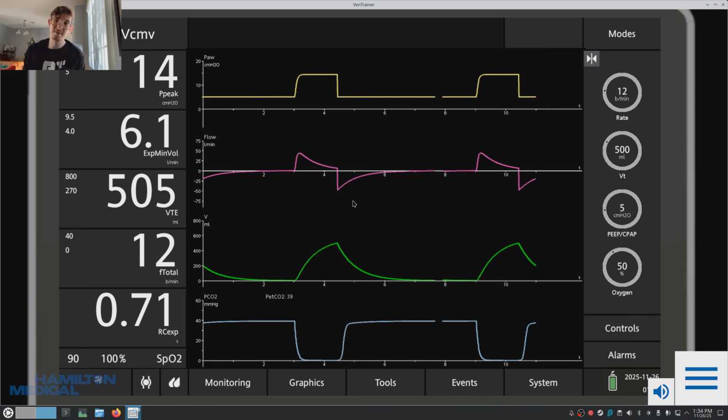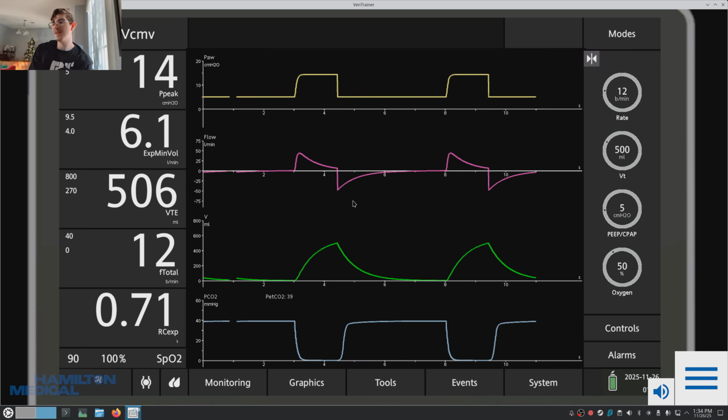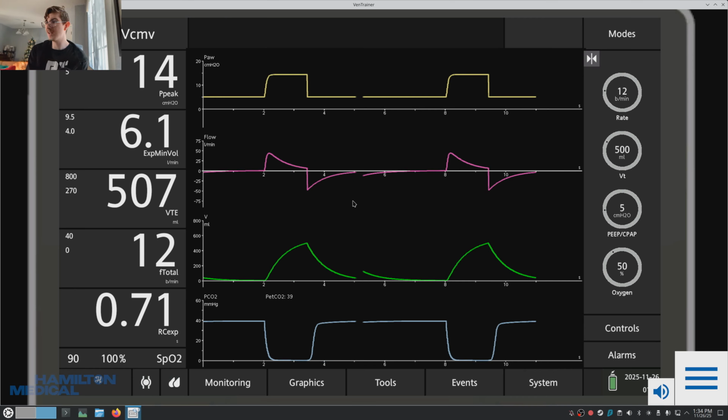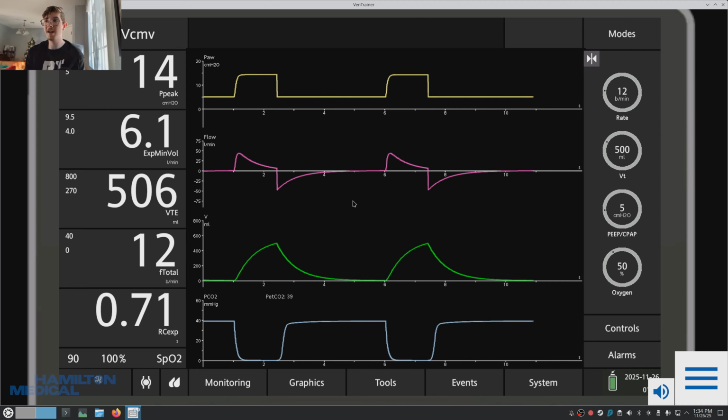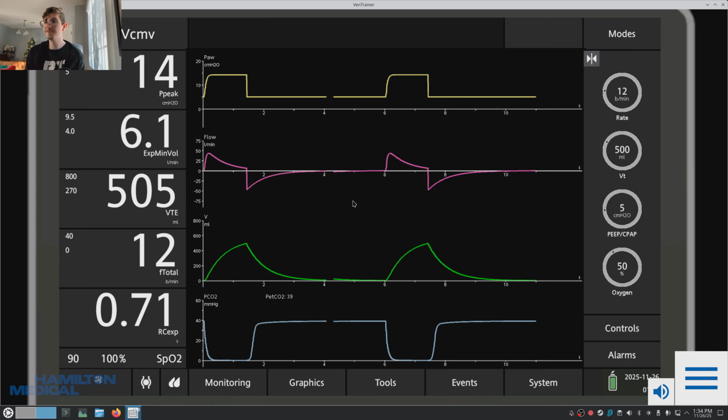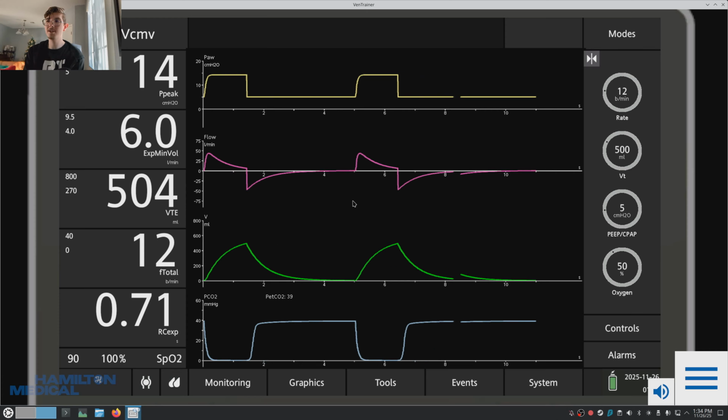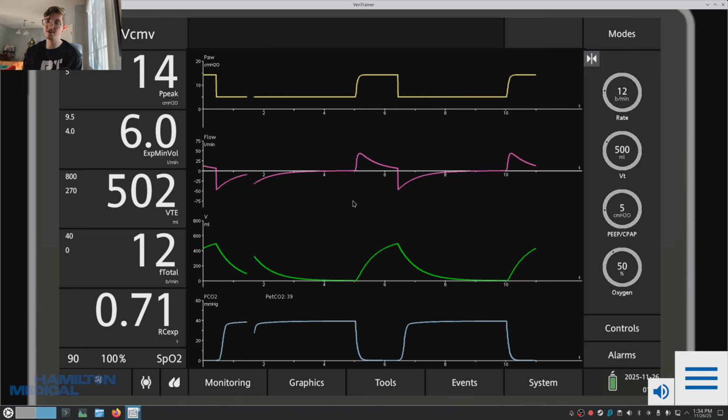Would you use PRVC? Actually, still maybe not, because if they have a metabolic acidosis, let's think about it. They might be very air hungry because they're trying to compensate for that metabolic acidosis. And remember what happens when the patient gets air hungry? The ventilator lowers the support given to the patient, right? So that actually might not be a good scenario.